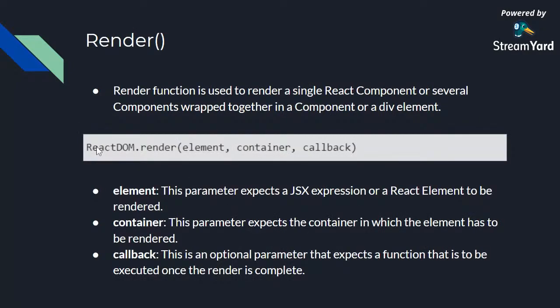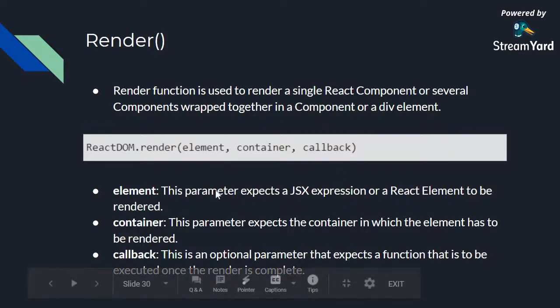We have given the name ReactDOM right now just for clarification. So we are with ReactDOM.render. This is the method that we are using, and these three are the parameters of the render function. Let's see what each parameter stands for.